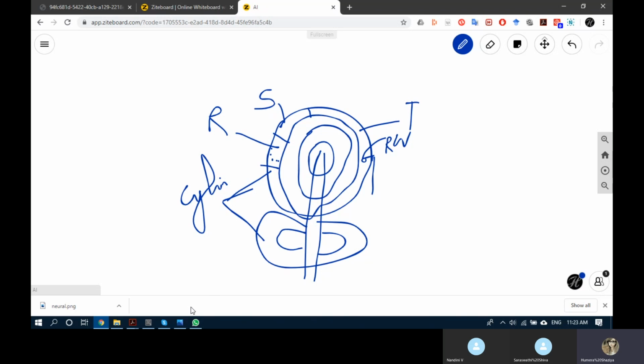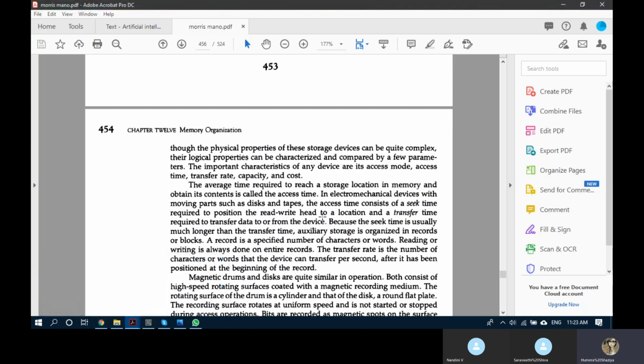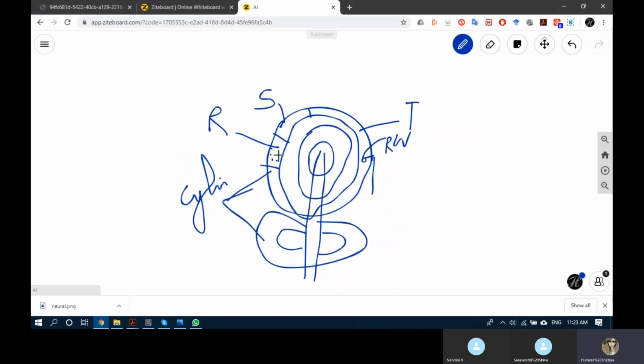That moving of the read write head is known as the seek time. The transfer time is, after you get the desired data under this read write head, you have to start transferring it. The time taken to transfer the data is known as transfer time.